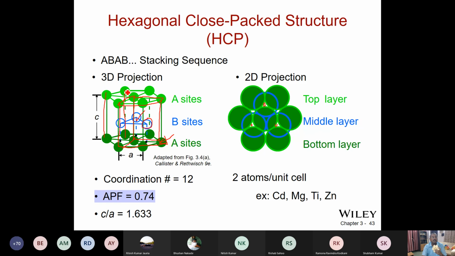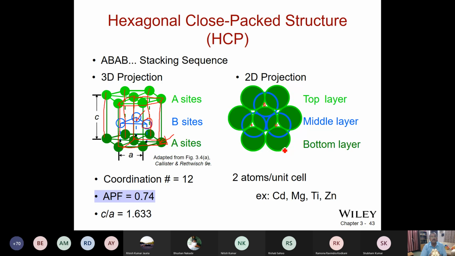Just above it, this atom sits. Just above it, this atom sits. And where does the blue sit? In every alternate hole. This is how I pack the highest atomic density plane, the close packed planes. These are close packed planes in this fashion.